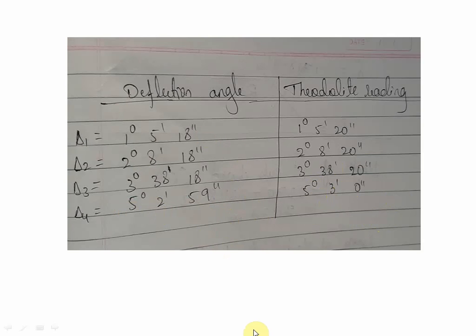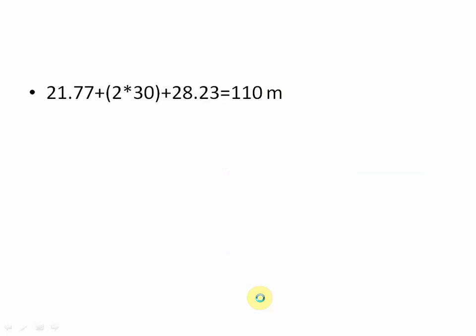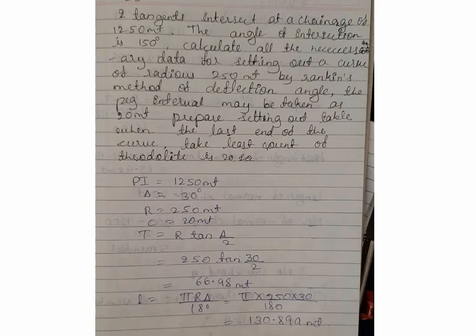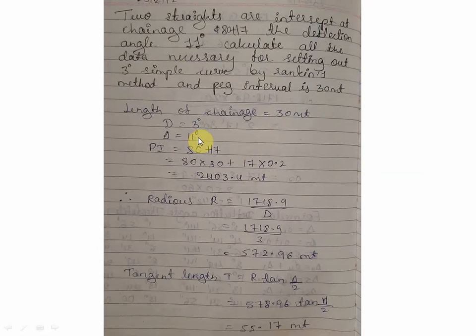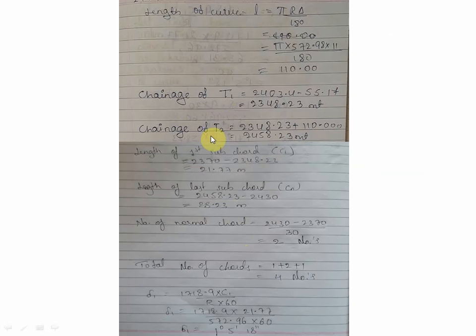Okay, thank you. One more, we'll have a look at this problem. First, they have given the chain length of 30 meter, and the degree of curve, again delta. So with the help of the degree of curve, calculate the radius, then calculate the tangent length of the curve, chainage of T1, chainage of T2, length of first subchord, length of last subchord, total number of normal chords, total number of chords.